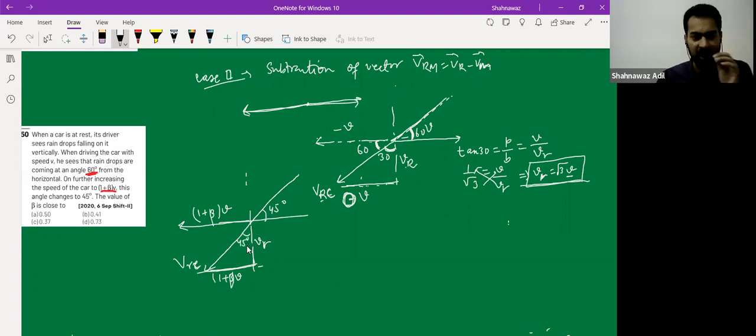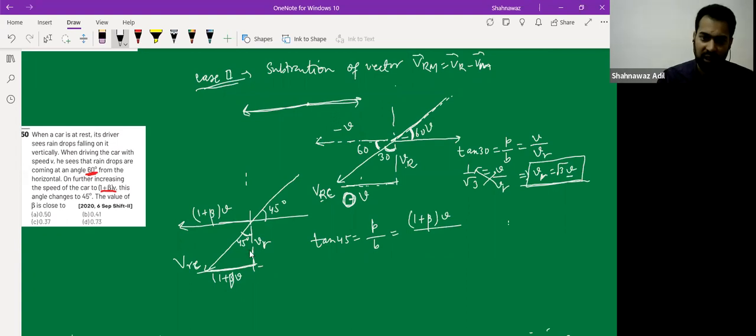Understood this diagram? The main part is that we have to identify the case and then make the corresponding diagrams. So tan 45 will be P by B. The side opposite to 45 is 1 plus beta V, and this is VR. Tan 45 is 1, so 1 equals 1 plus beta V by VR.